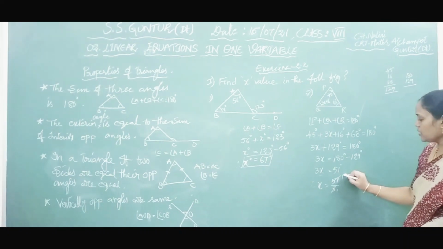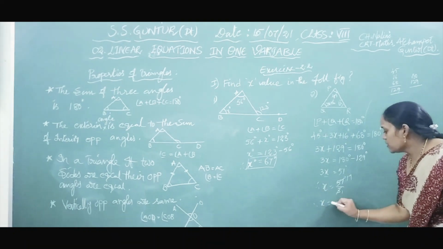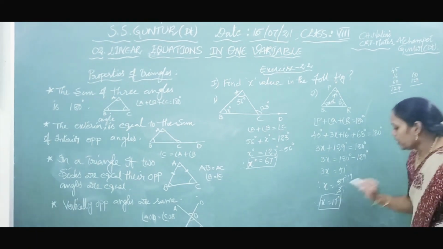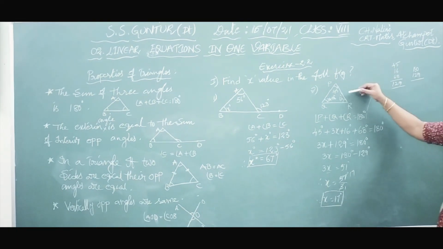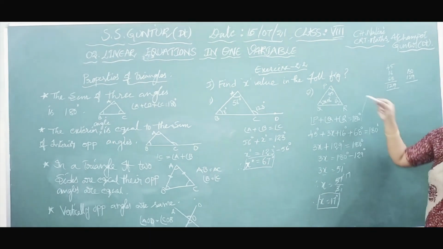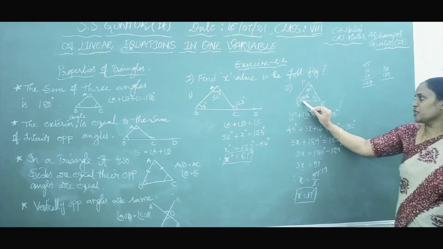Clearly understood the diagram and the x value? Now see again triangle PQR. Angle P is 45 degrees, angle Q is 3x plus 16 degrees, angle R is 68 degrees. By our first property, angle P plus angle Q plus angle R is equal to 180.